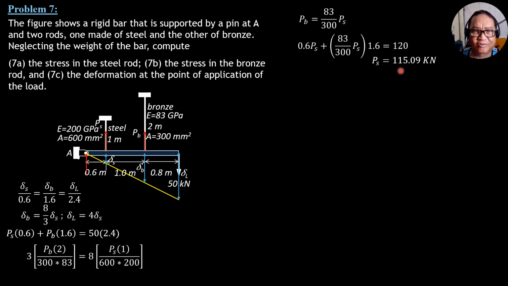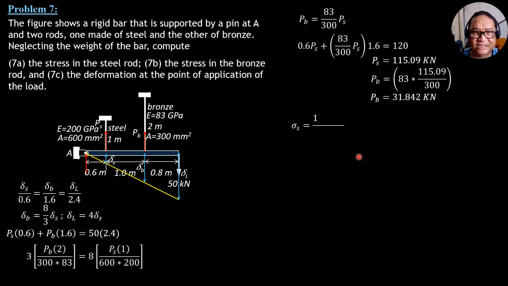From here, we can now compute the stress. Let's change this to newtons, so multiply 1000 divided by area of the steel rod, which is 600. So force on the bronze rod, on the other hand, is 83 times 115.09 over 300 from this equation. So P sub B equals 31.842 kilonewtons.